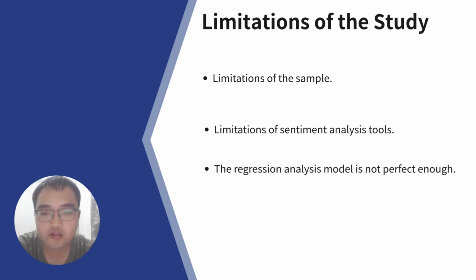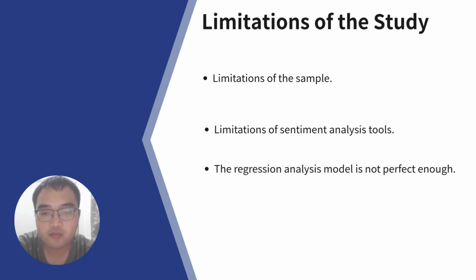Of course, this study has some limitations. First, there is a limitation in the sample. Although 300 valid responses were collected through online surveys, the respondents mainly came from active users on social media platforms. As a result, the findings may not fully represent the entire Bilibili user base, especially older users or those less active online.